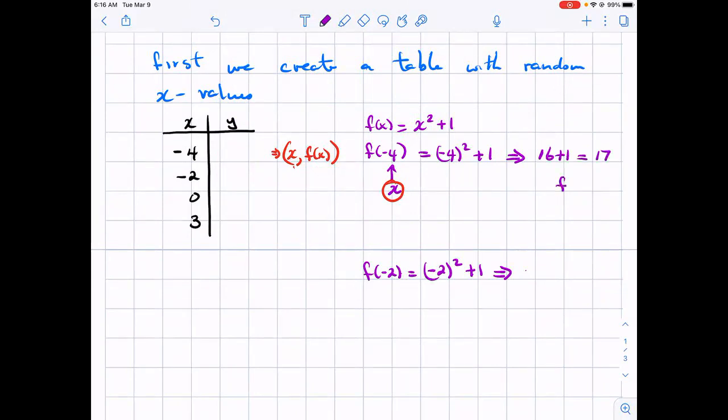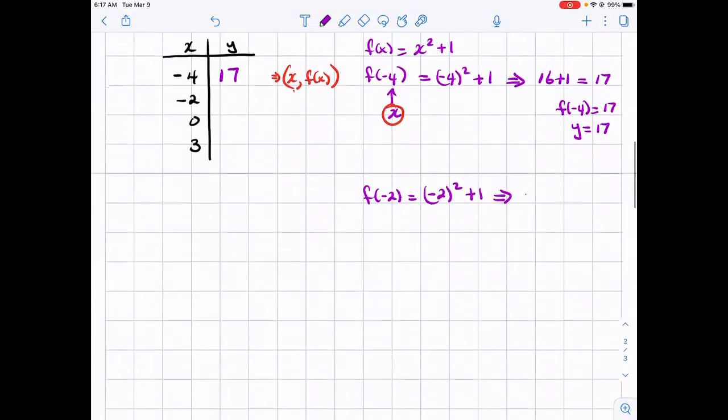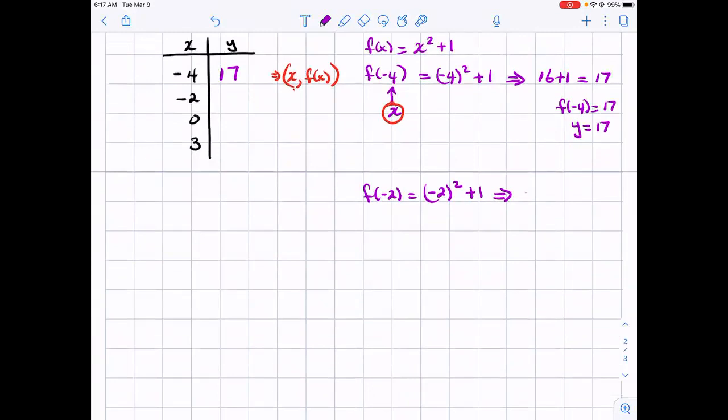So my f of negative 4 is equal to 17, which is the y value. Now f of negative 2 becomes 4 plus 1, which is equal to 5, so y is equal to 5.